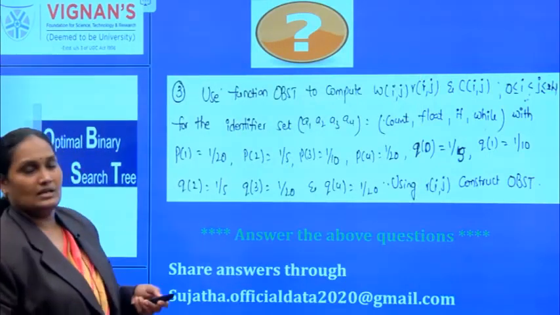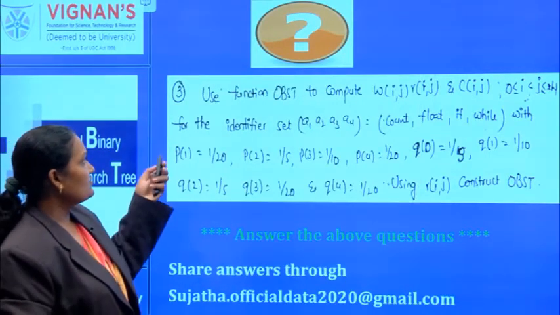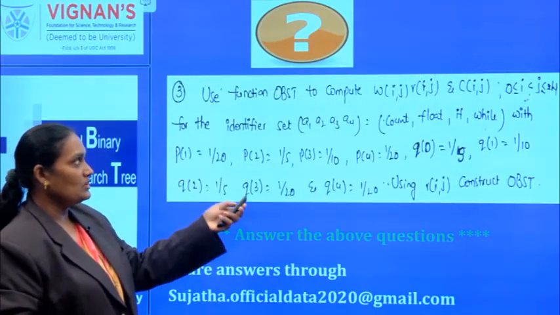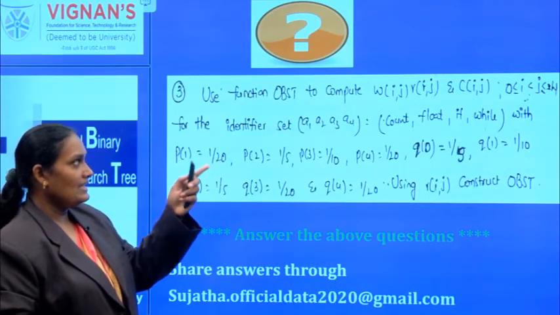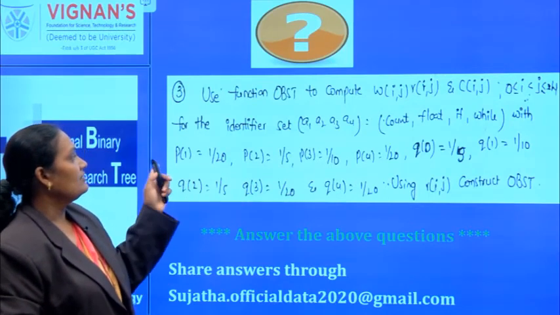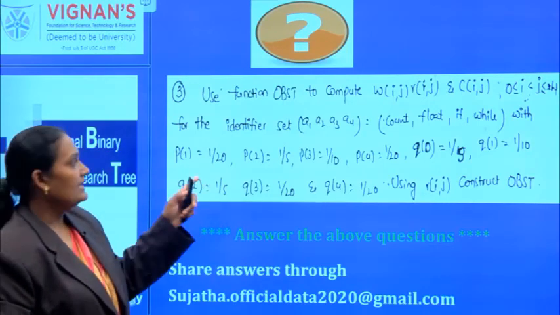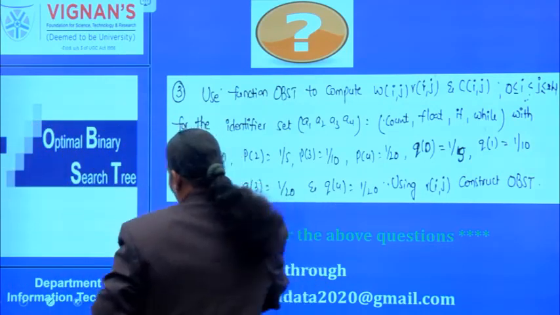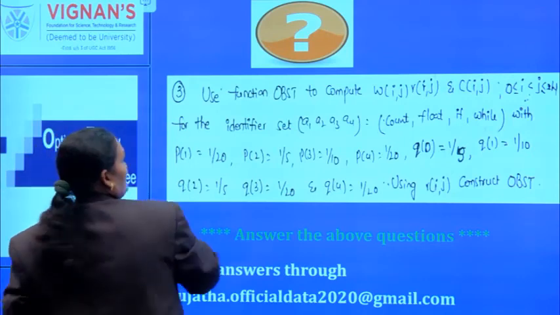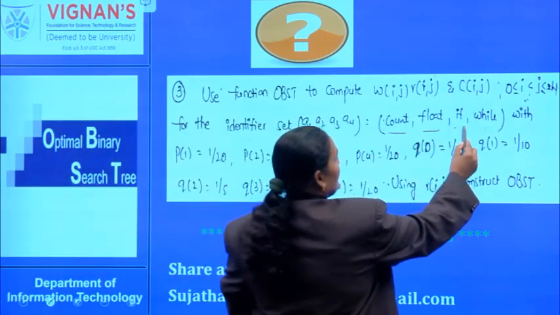The next question is, use the function OBST to compute the Wij, Rij and Cij values for the given set of identifiers with the given probabilities. Here I have given a set of identifiers, which are count, float, if, while.